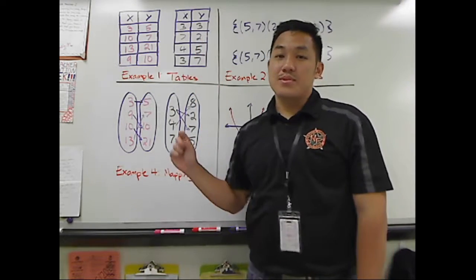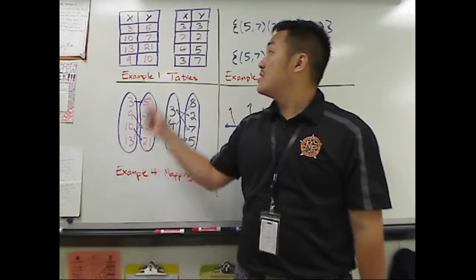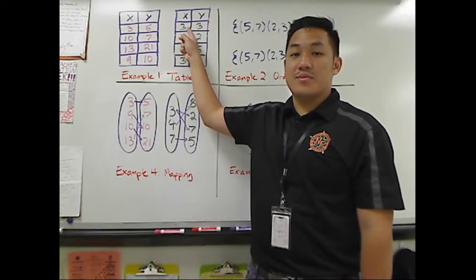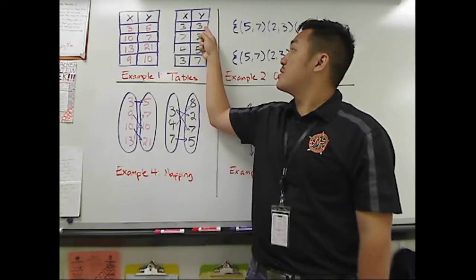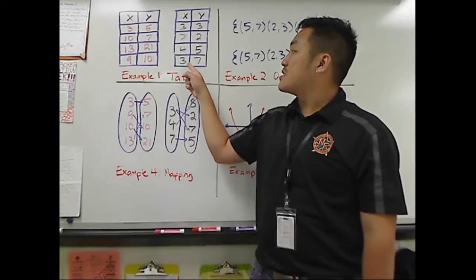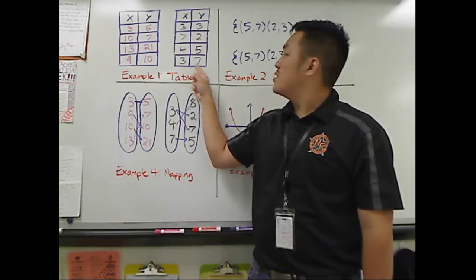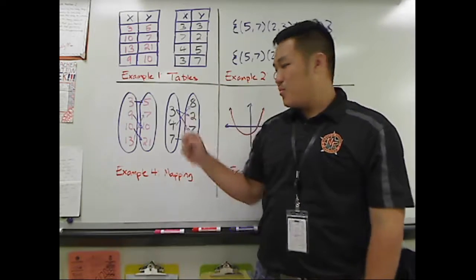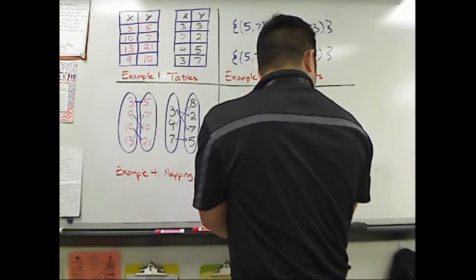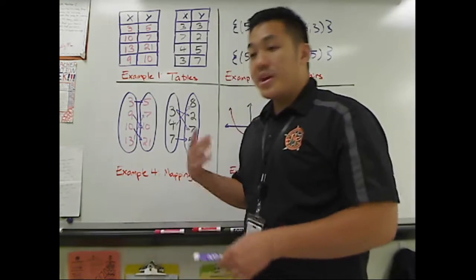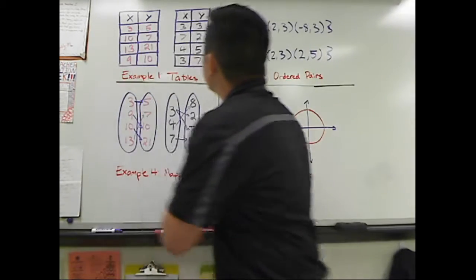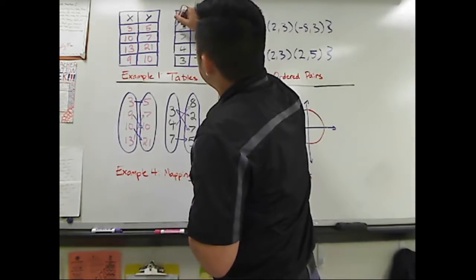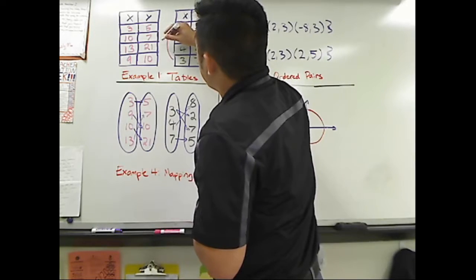But this example is wrong. It's not a function, because if I have the input of 3, you're number 3, and I leave at bus stop 3, that's awesome. But if I check down here, here's another number 3, and then there's a 7. Well, that's not right. You can't do that, so it is not a function.